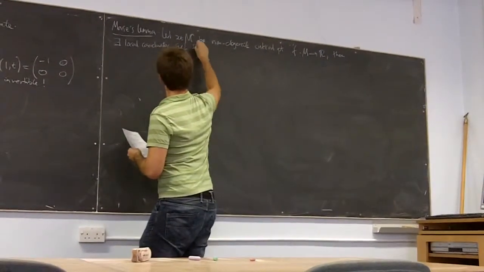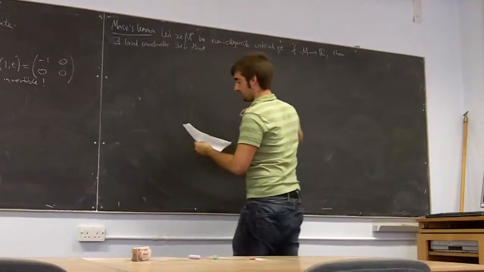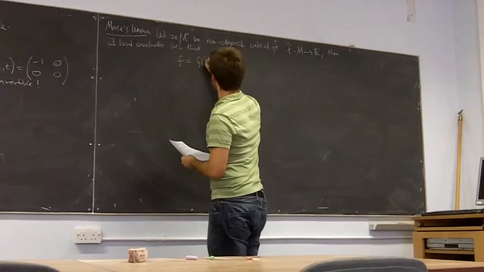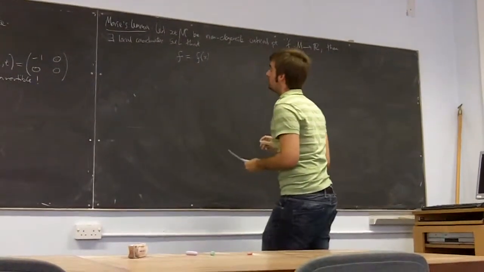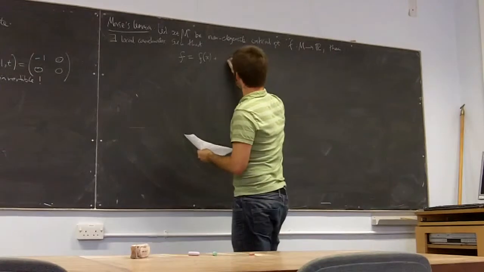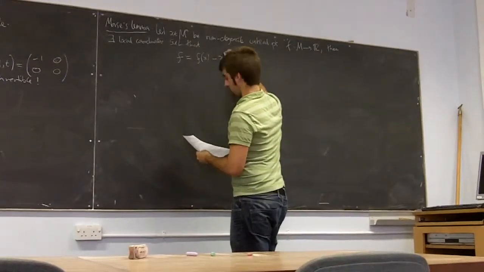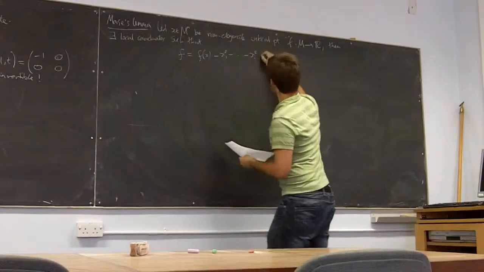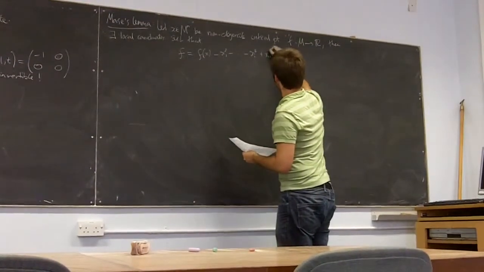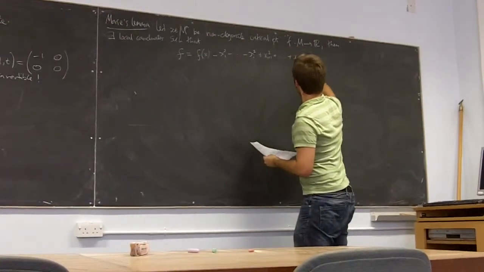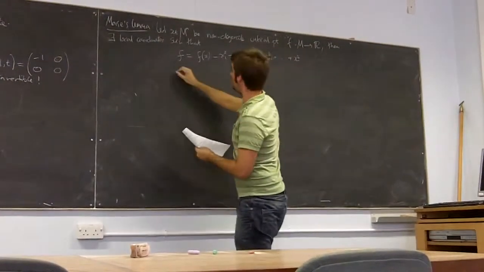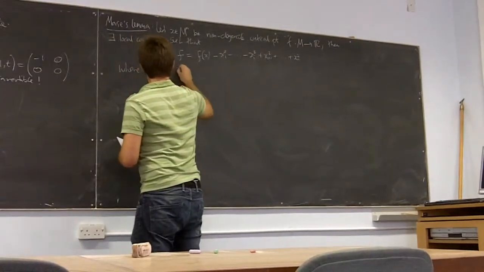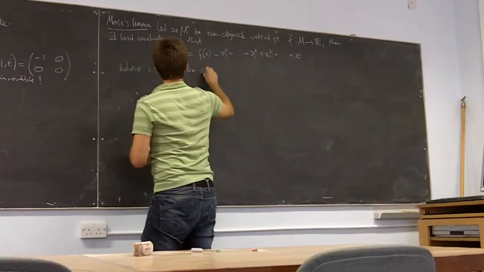such that with respect to these coordinates, f looks like the following. It's the value of f of x, minus x1 squared, minus dot dot dot, minus xi squared, and then plus the remaining squares, where I is the index of f at x.